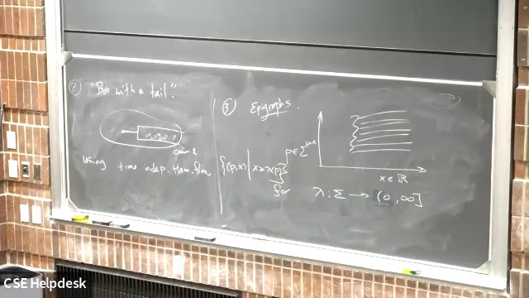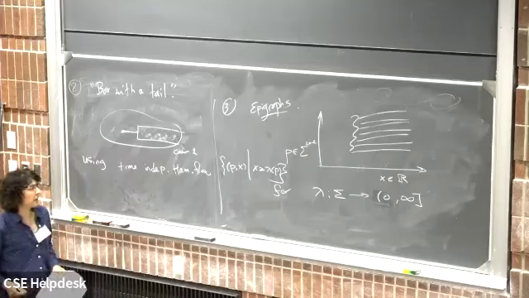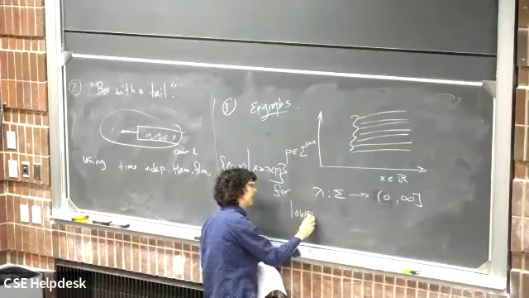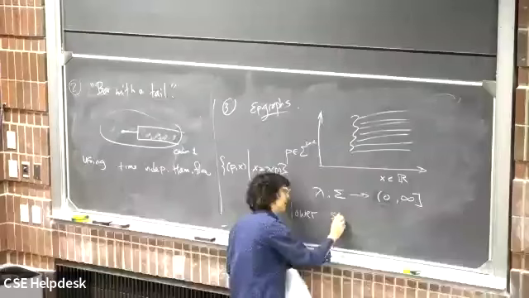There's nothing about that. And we need this epigraph to be closed, and the condition for this to be closed is equivalent to lambda being lower semi-continuous.